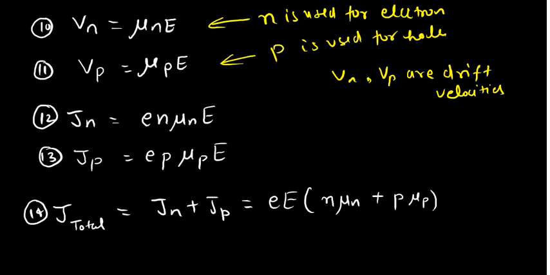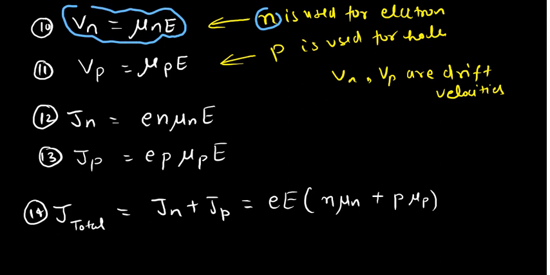Now let us use the subscript n for electron and p for hole. The drift velocity for electron will be given by Vn equal to mu n into electric field.